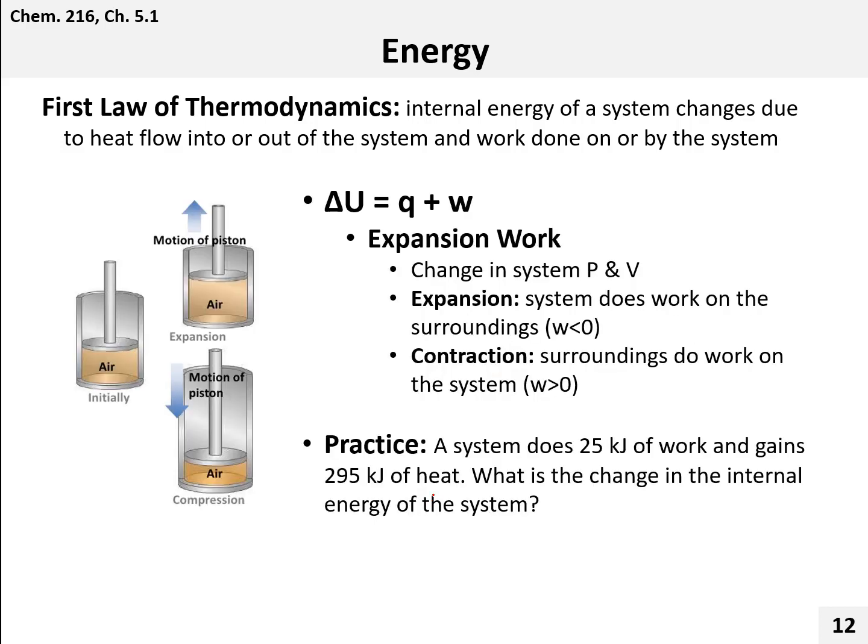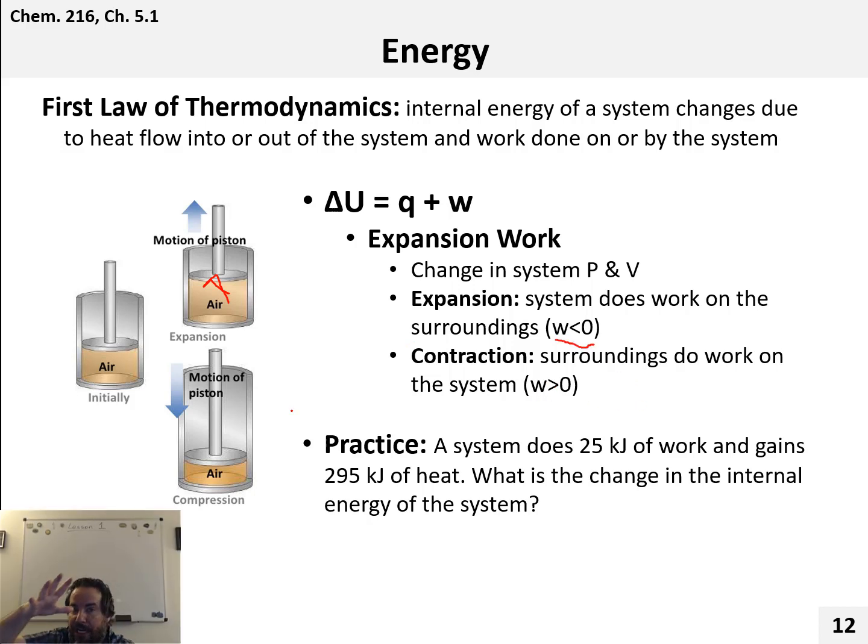One thing we should talk about is expansion work. Expansion work is, let's say I have some air here, and it expands. What's happening? This air is expanding, so it's doing work. So that means W is negative.